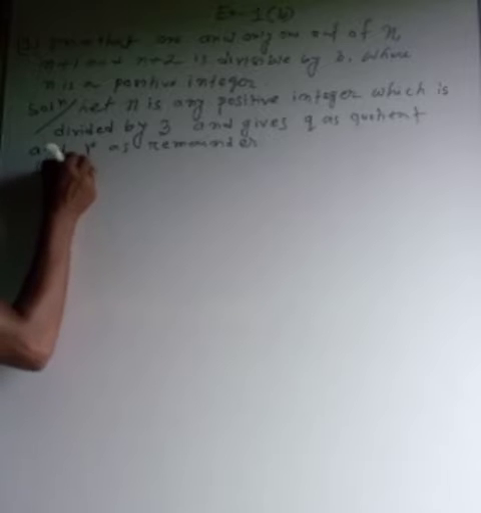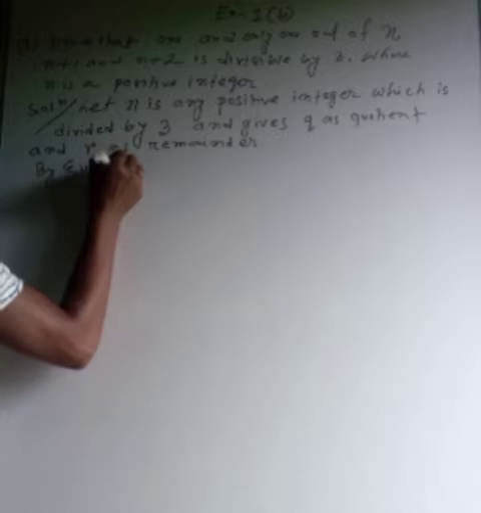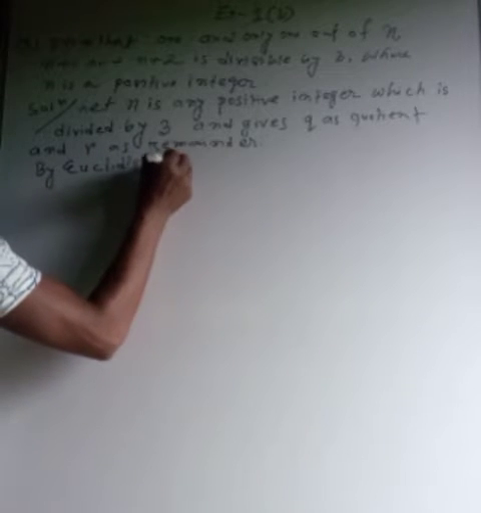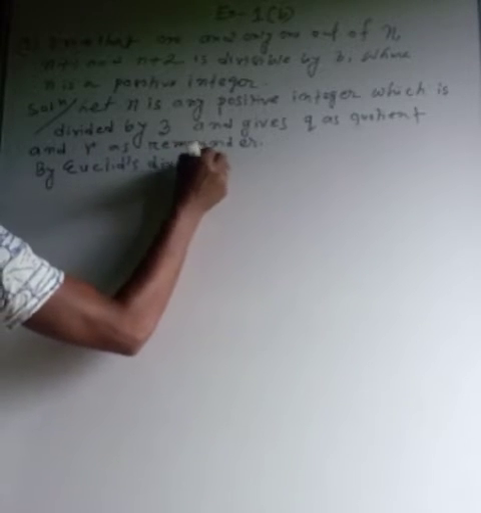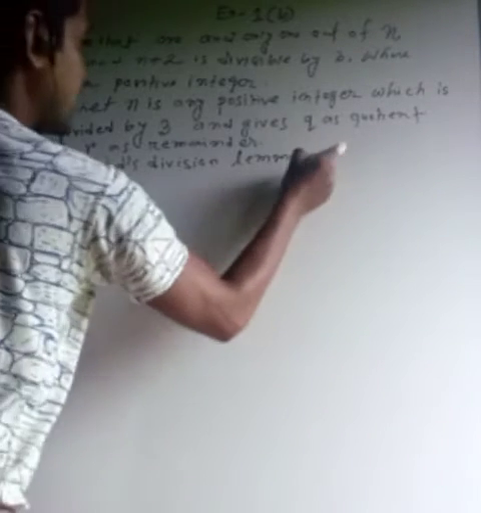By Euclid's division lemma, you can write Euclid division algorithm also. Euclid division lemma or algorithm is the same only. What we have learned in the last classes is: dividend equals divisor into quotient plus remainder.